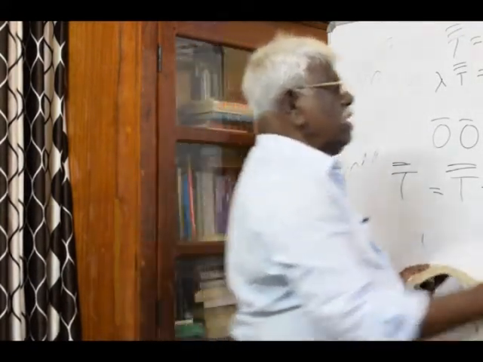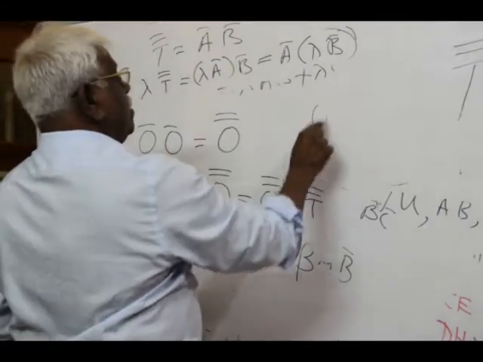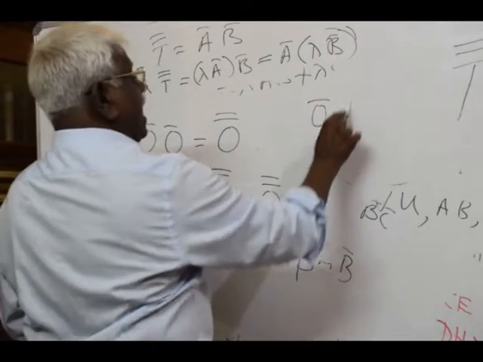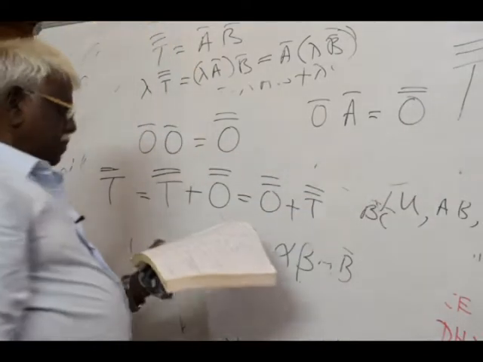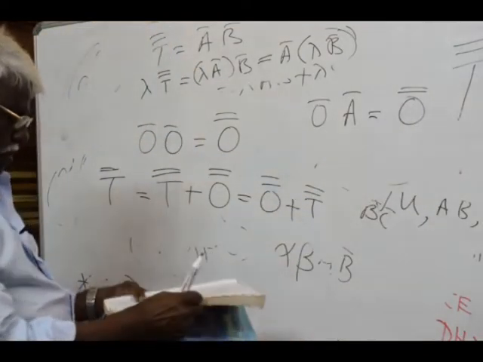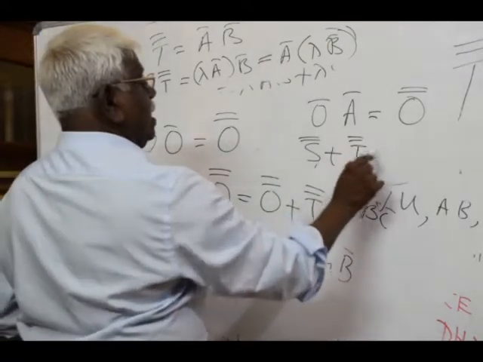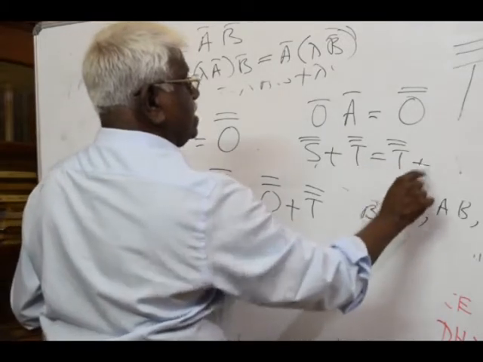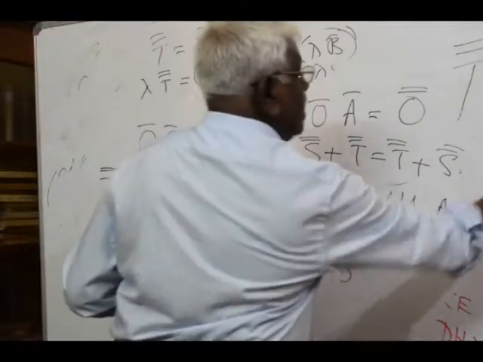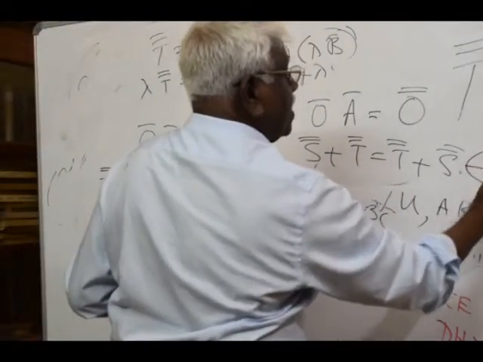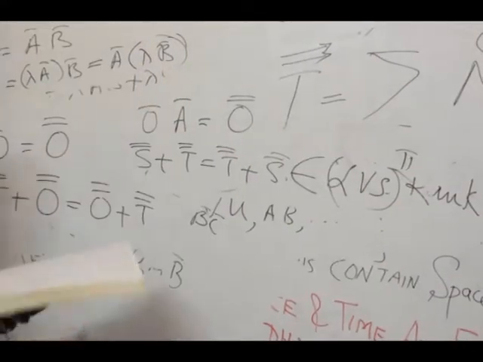And the zero vector times vector A gives the second rank zero tensor. And S plus T equals T plus S, belonging to that linear vector space over the field of real numbers, the LVS of second rank tensorial space.